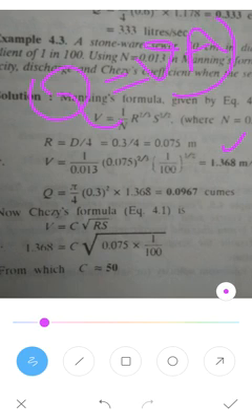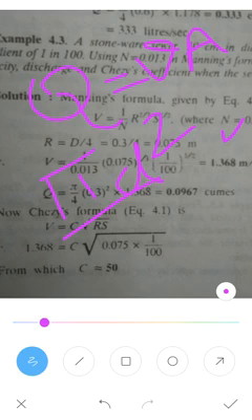The area is not given; instead, the diameter is given. So in place of velocity you write 1.368, and the area is for a circular section, pi d square divided by 4.